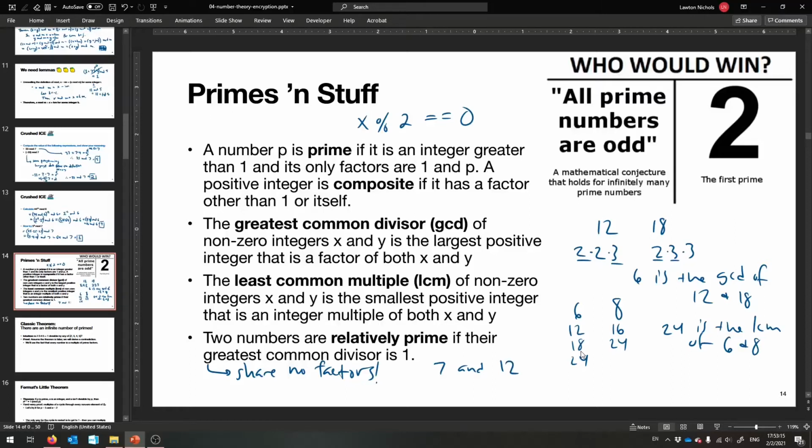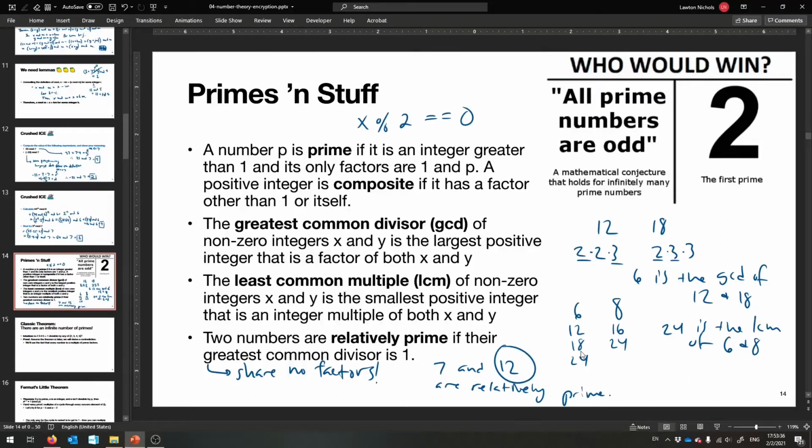7 and 12, for example, are relatively prime because 7 is just 7, and then 12 is 2 times 2 times 3. They share no factors. 7 and 12 are relatively prime, and then any two primes are, of course, relatively prime.